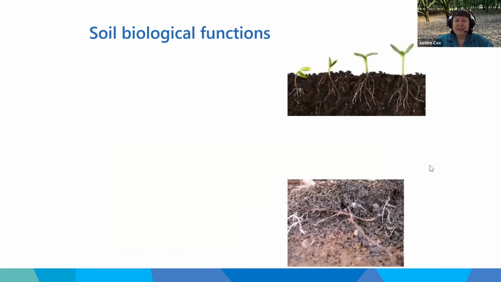But we're very interested in the function of the organisms in the soil and why they're important. And a lot of it in agriculture comes down to their role in decomposition and associated nutrient cycling and carbon storage and turnover. So these organisms, their primary role is to decompose organic matter in the soil.